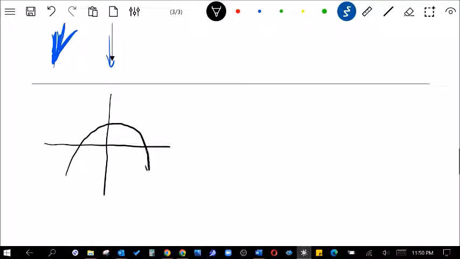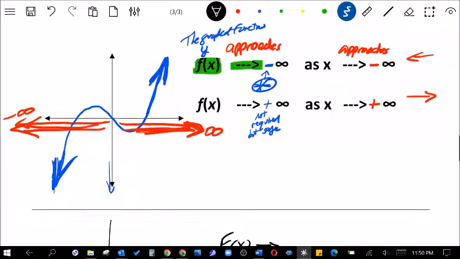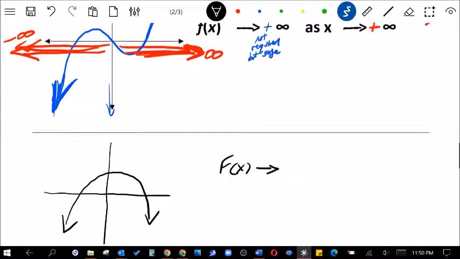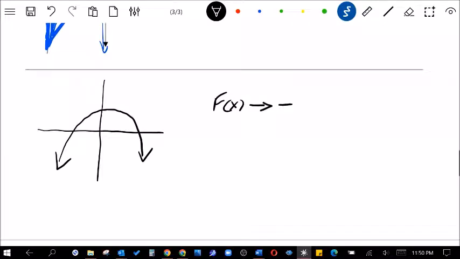The upside down parabola. Okay. So I'm going to say that the function of x approaches negative infinity, it's this one down here, as x approaches negative infinity, because it's going out this way.